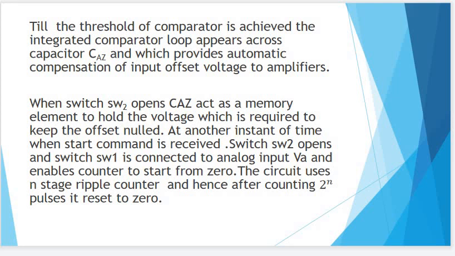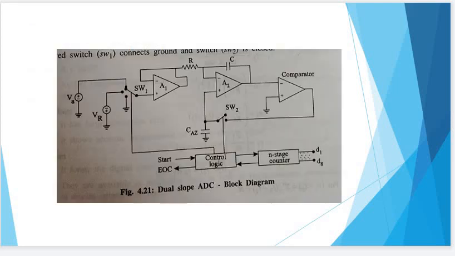At another instant of time, when the start command is received, switch SW2 opens and switch SW1 is connected to the analog input VA and enables the counter to start from 0. The circuit uses an n-stage ripple counter, and hence after counting 2 power n pulses, it resets to 0.